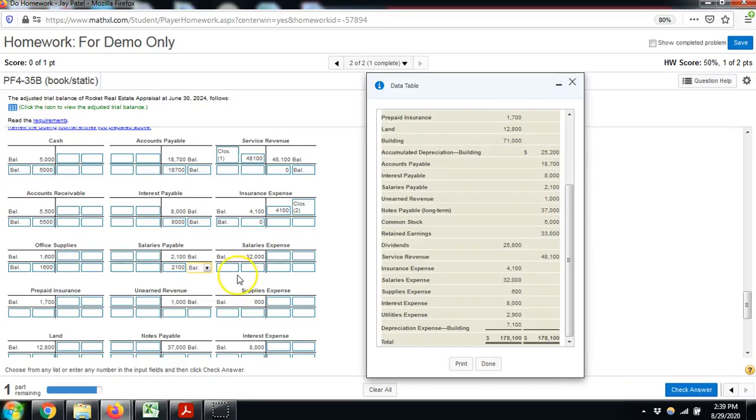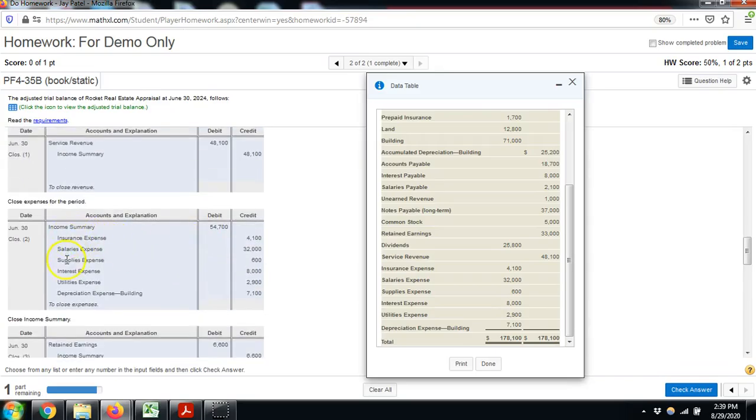So I'm just going to go through here and basically continue this pattern. Another expense account was closed out just like the one above. It was in the same closing entry because we closed all the expenses out in this one entry here.